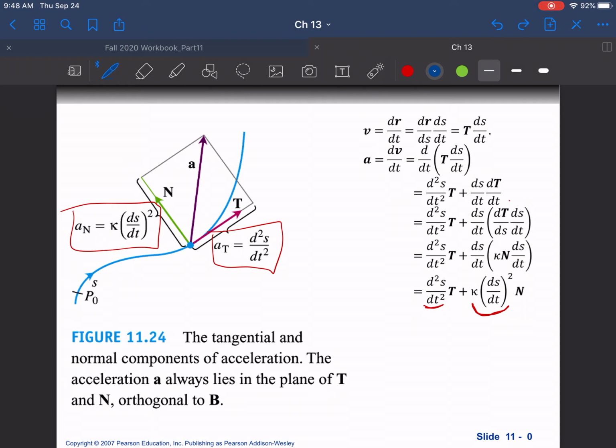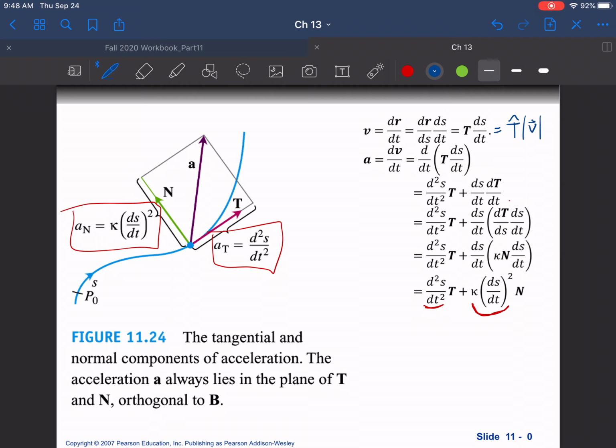First, we can find the velocity vector by taking the rate of change of the radial vector, dr/dt. Then we can use the chain rule to turn dr/dt into dr/ds times ds/dt, where that ds/dt is the speed. What we end up with is the unit tangent times our speed, which is the magnitude of the velocity vector.